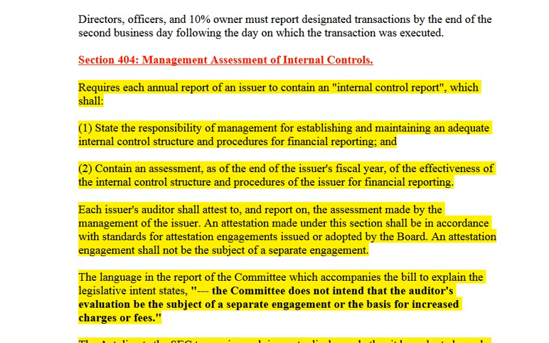Section 404. Management Assessment of Internal Control.